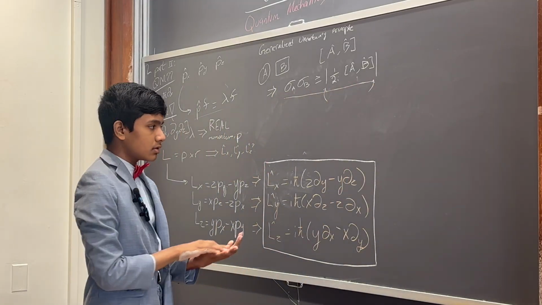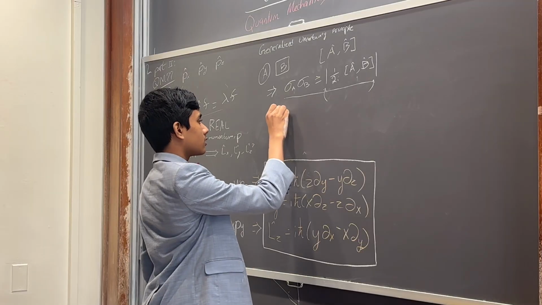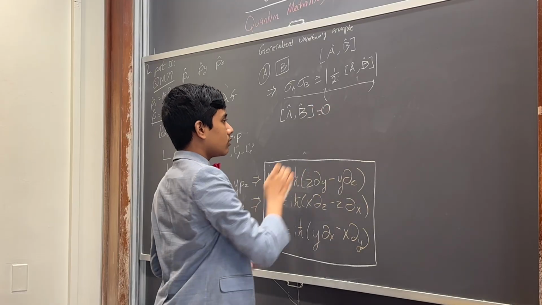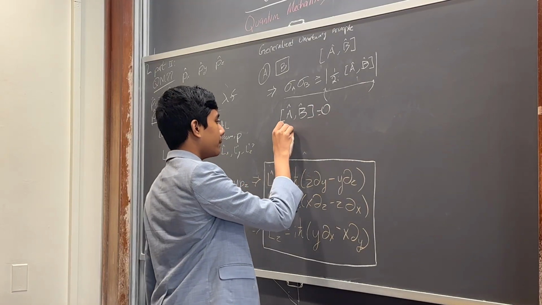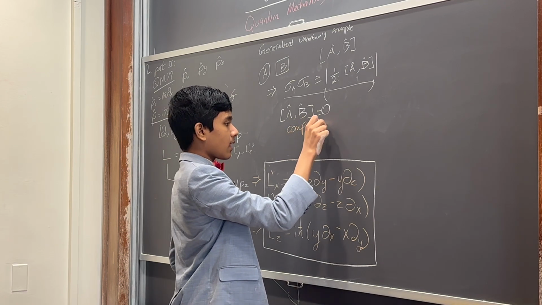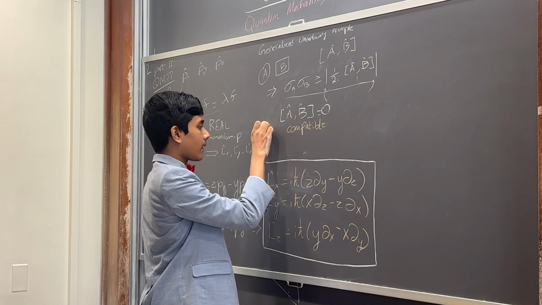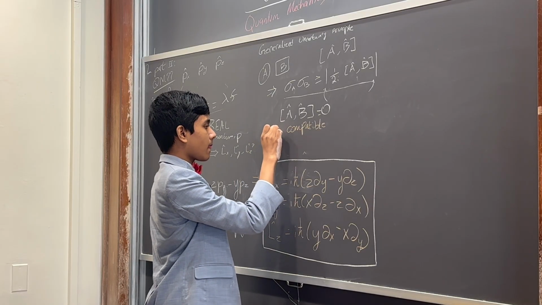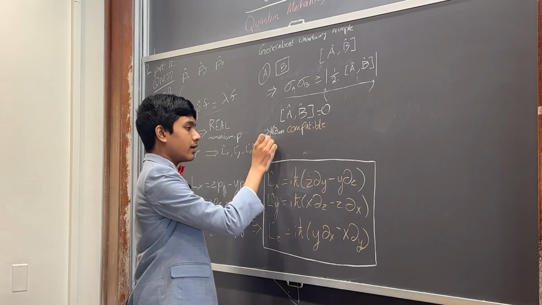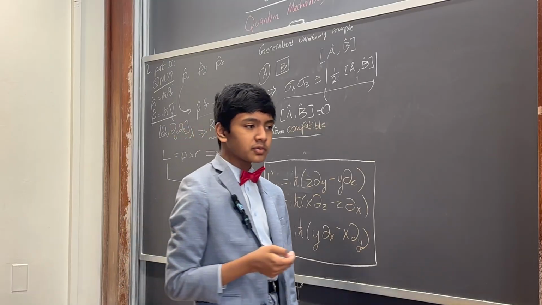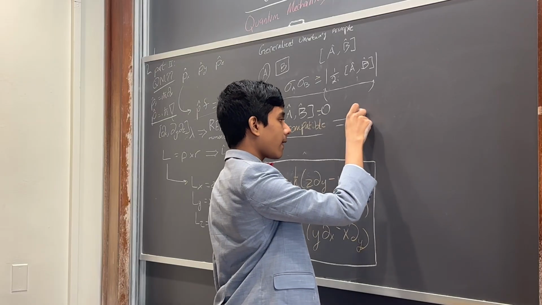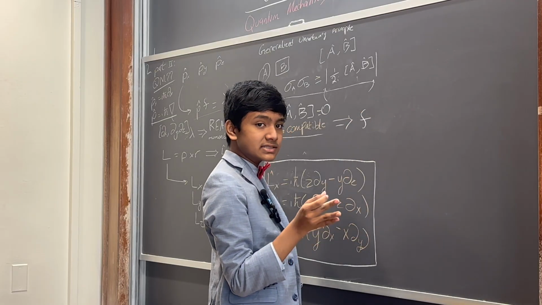And therefore, when the commutator of two operators is 0, we call them compatible observables. So, if we have two compatible observables, then we can find an eigenfunction f that satisfies both.